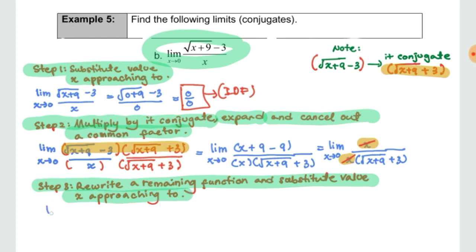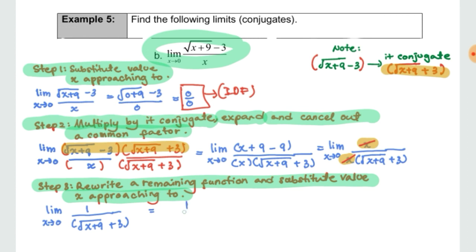So we get the limit of the remaining function here, 1 over square root x plus 9 plus 3, x approaching 0. Okay, and then we can substitute the value x approaching here, x equals 0.